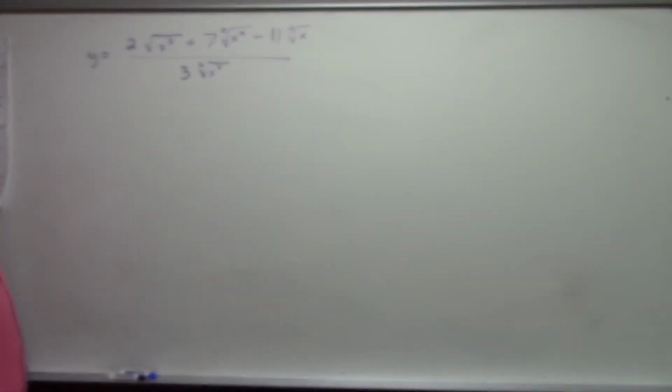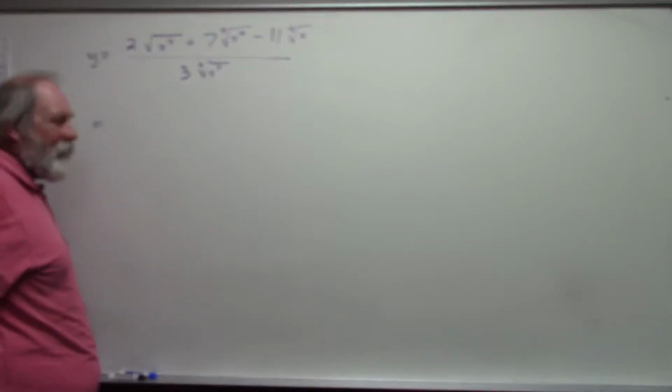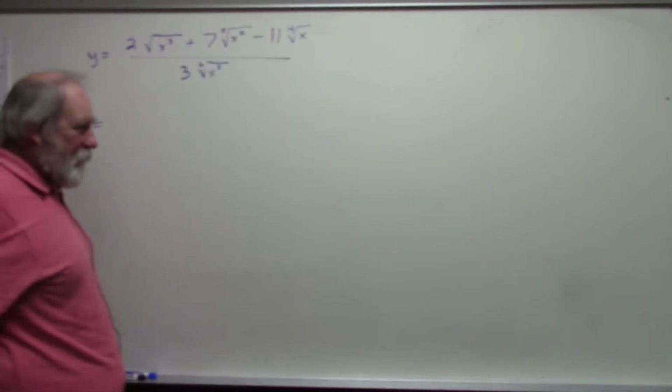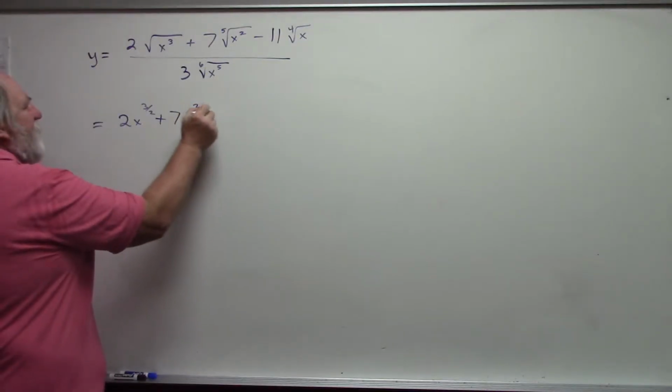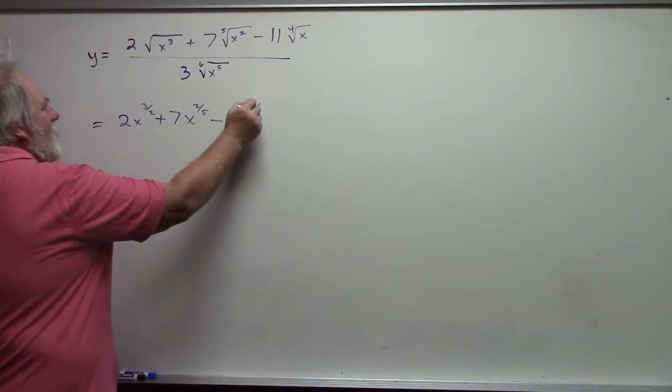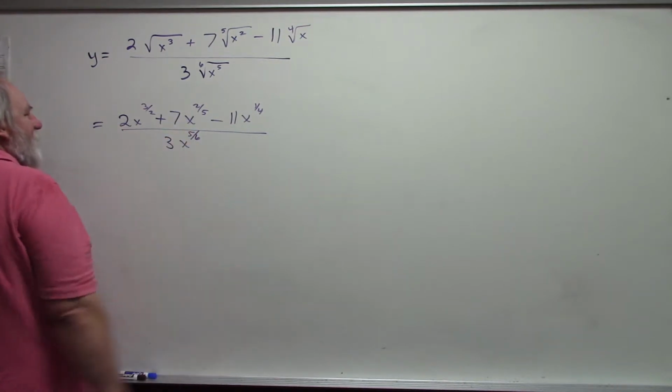However, through algebra, we can rewrite this in the form of the sum of power functions. This is the simplest, easiest way to do this if I want to take the derivative. So let's rewrite this. This becomes 2x to the 3 halves plus 7x to the 2 fifths minus 11x to the 1 fourth, divided by 3x to the 5 sixths.